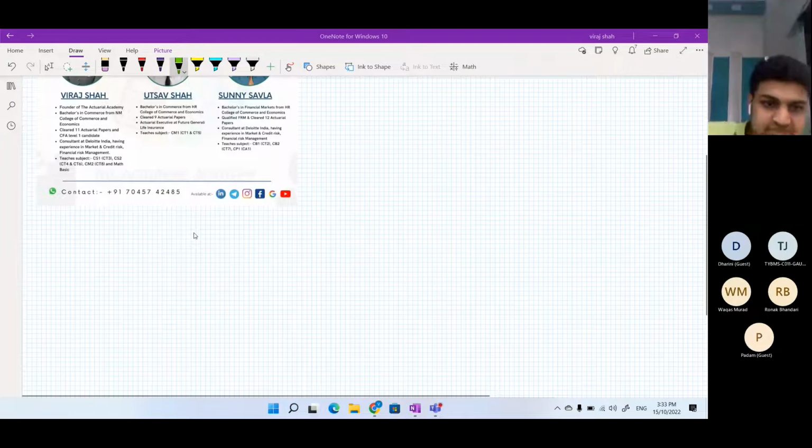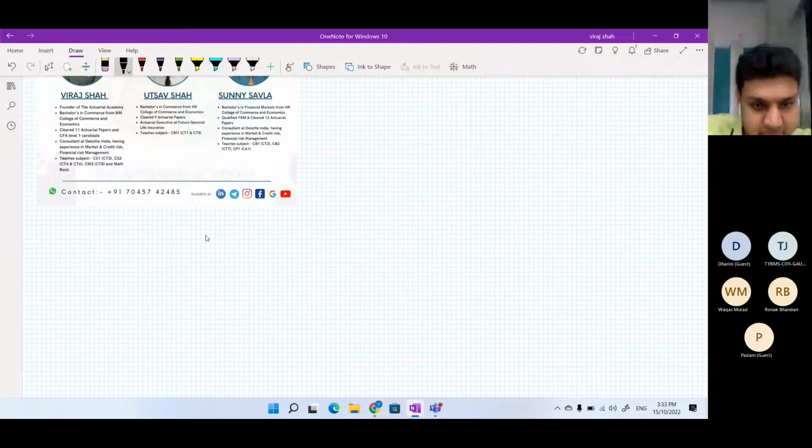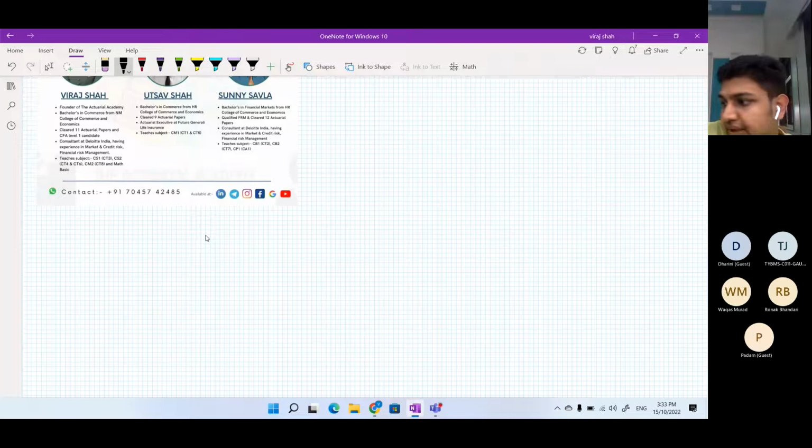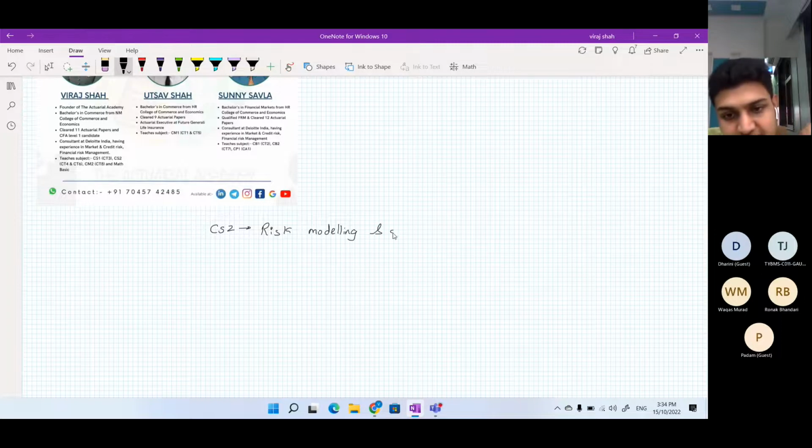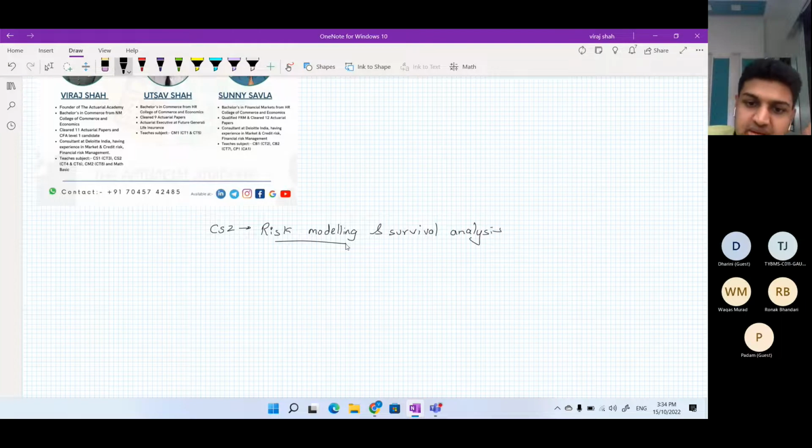CS2. What's the name of the basic paper? It's Risk Modeling and Survival Analysis.